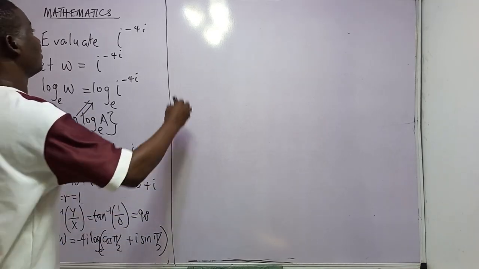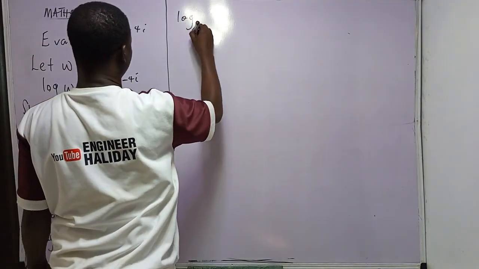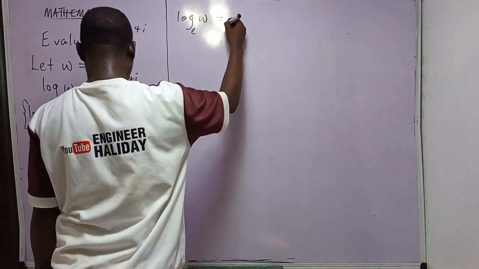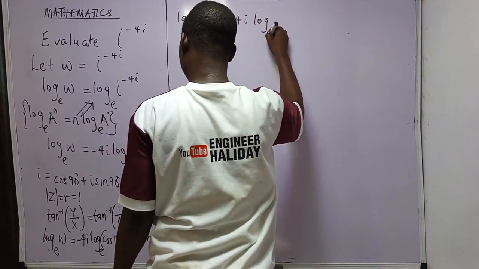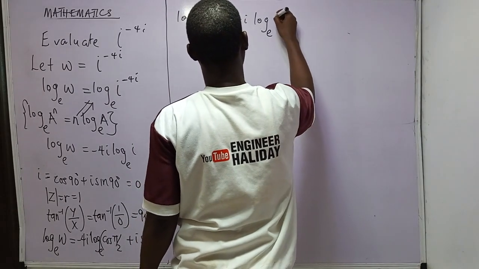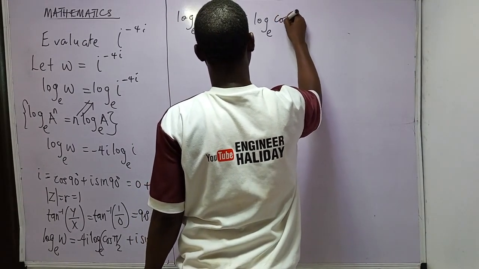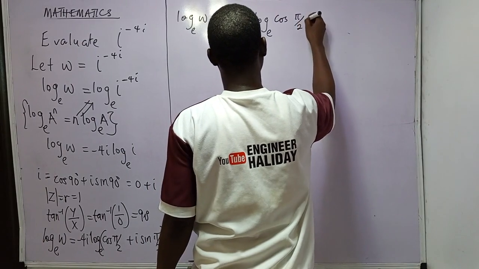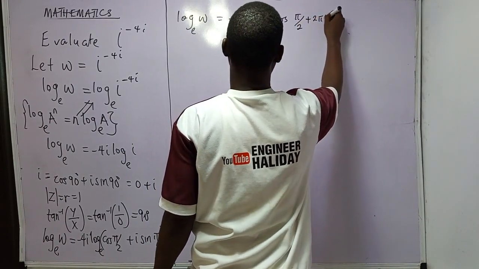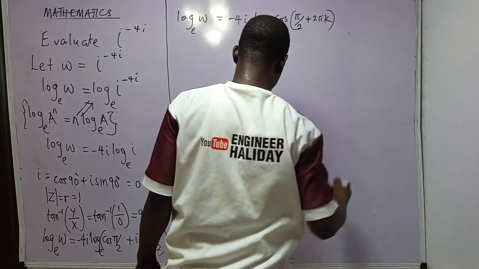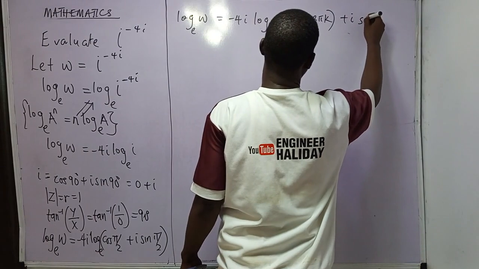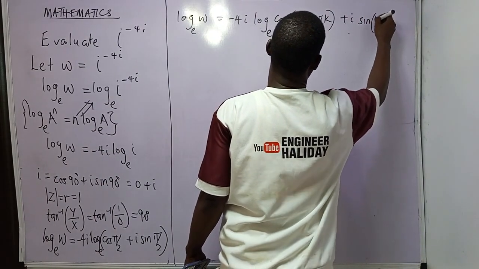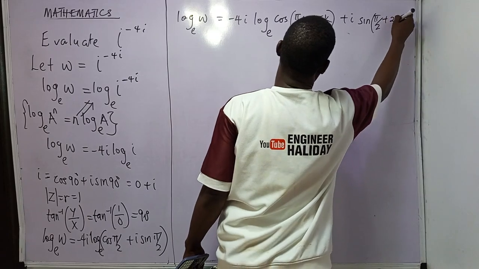Now we can write it as log to base e of W equals minus 4i log to base e of cos of pi over 2 plus 2 pi k, to get the general answer, plus i sin of pi over 2 plus 2 pi k.